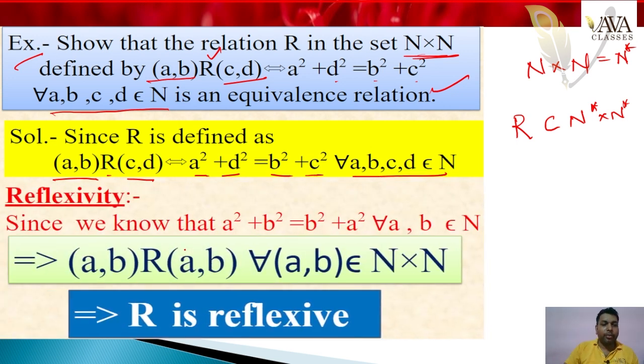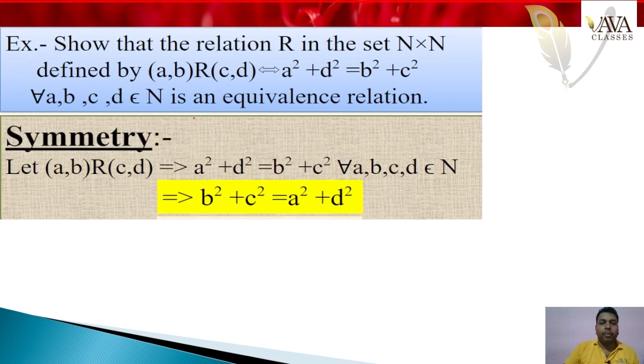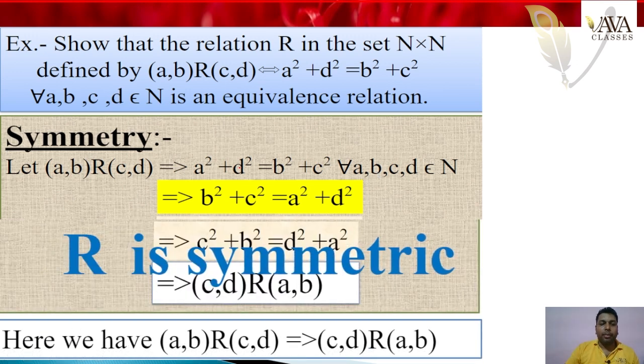Now reflexivity. Since we know that a square plus b square equals b square plus a square for all a, b belonging to N, so (a, b) is related to (a, b) for all (a, b) belonging to N cross N. That implies R is reflexive clearly. Now for symmetry: since (a, b) is related to (c, d), we have a square plus d square equals b square plus c square.